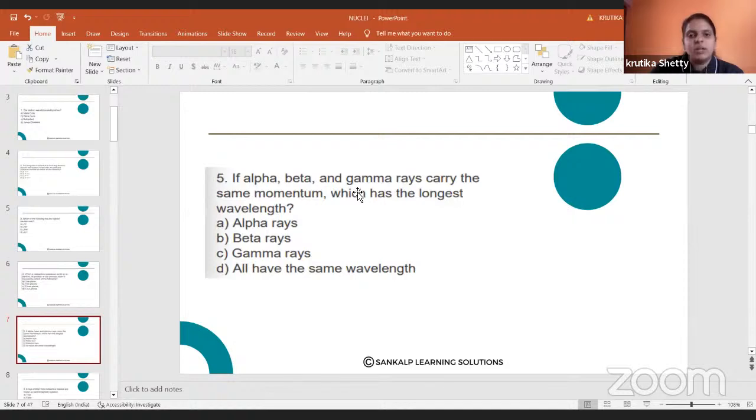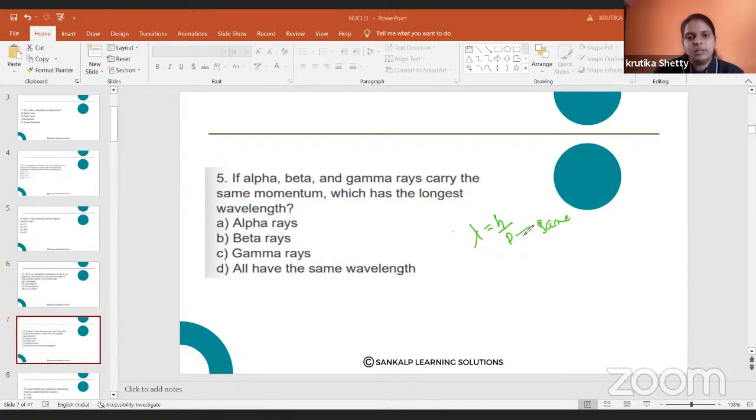Then the next question. If alpha, beta, gamma rays carry the same momentum, which has the longest wavelength? For this we require the de Broglie hypothesis: lambda is equal to h upon p. They are saying the momentum is the same. So if the momentum is the same, which has the longest wavelength?